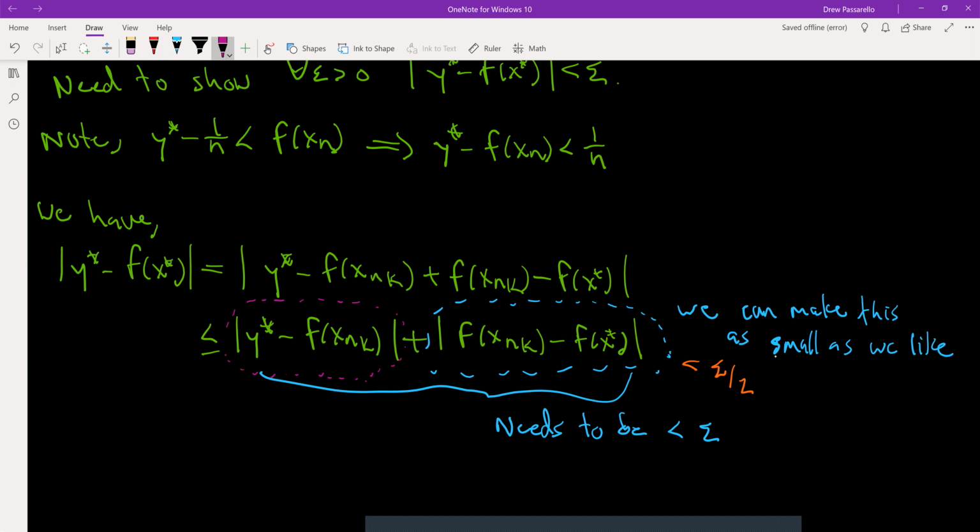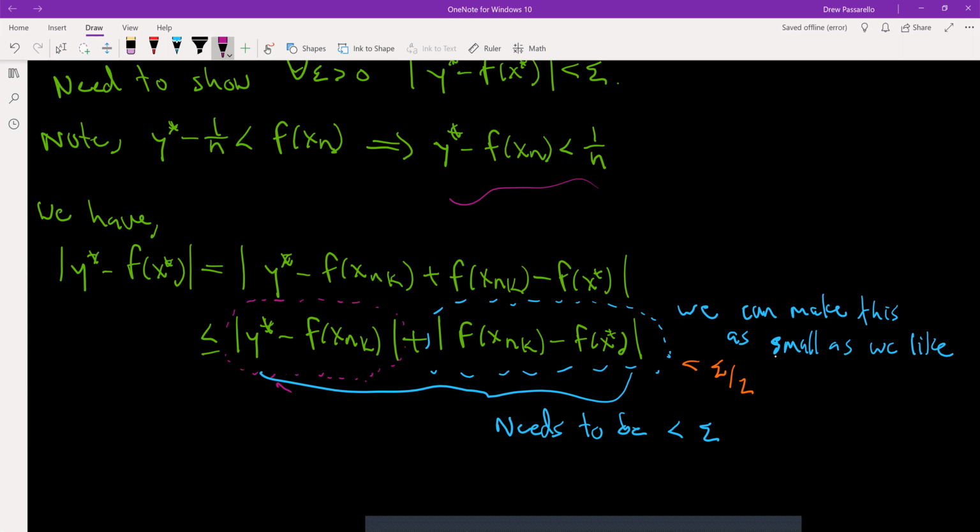So how do we make this less than epsilon over 2? Well, we know that this right here is going to be less than 1 over n, and by the Archimedean principle we can make that less than epsilon over 2 if we find the correct value n.